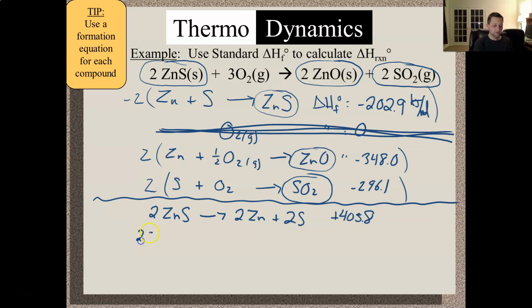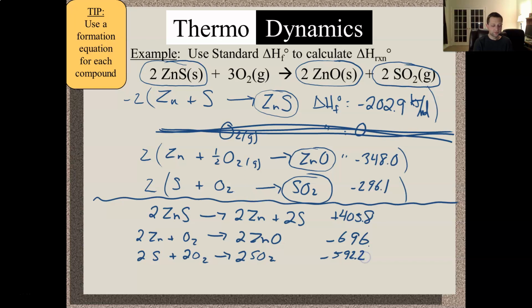So I have 2 Zn plus O2 yields 2 ZnO. I take my formation of that of negative 348, multiply it by 2, and I get negative 696 kilojoules per mole. Finally, last one, multiply by 2: 2 sulfur plus 2 O2 yields 2 SO2. I take my negative 296.1, multiply it by 2, and I get negative 592.2 kilojoules per mole.